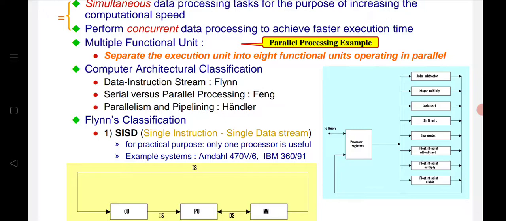Next comes the Flynn's classification. In this classification we are going to classify into different types. The first one is SISD, which is a single instruction, single data stream. You have a single instruction and a single data stream. For practical purposes, only one processor is useful.